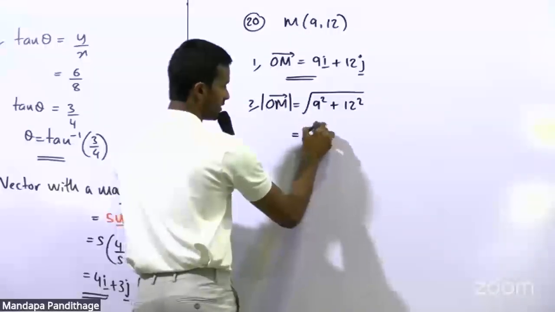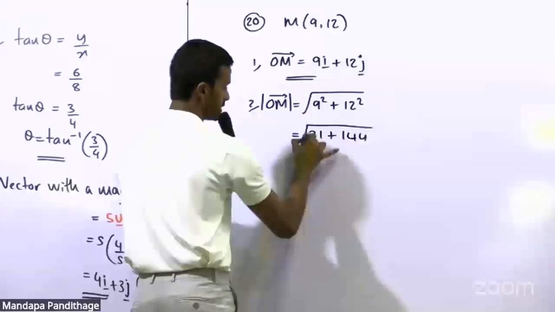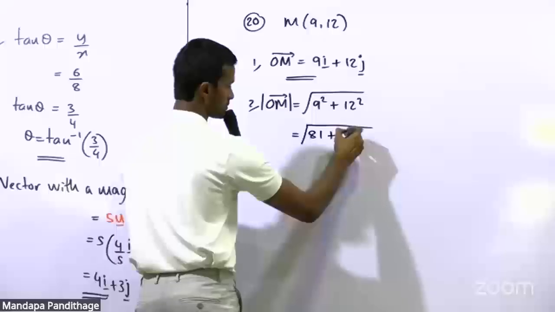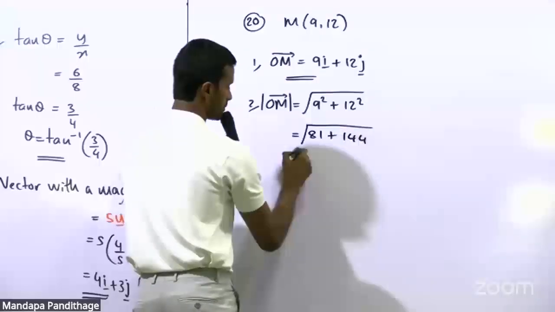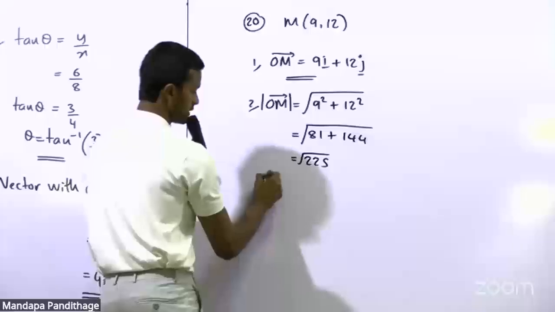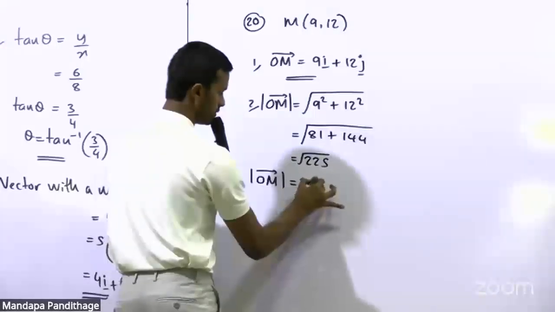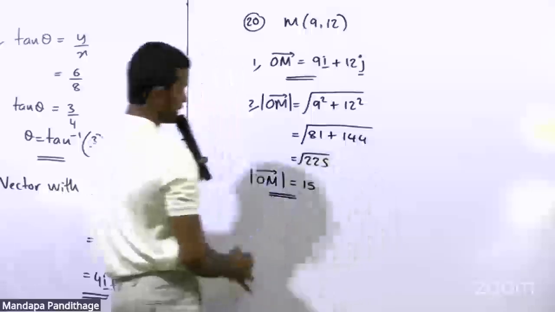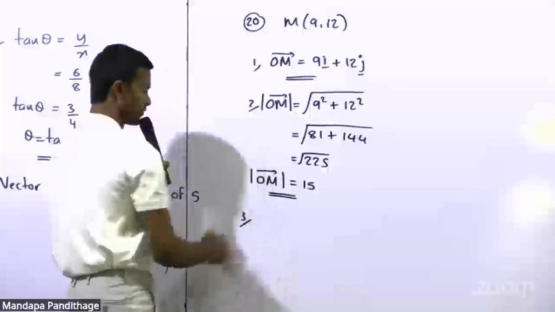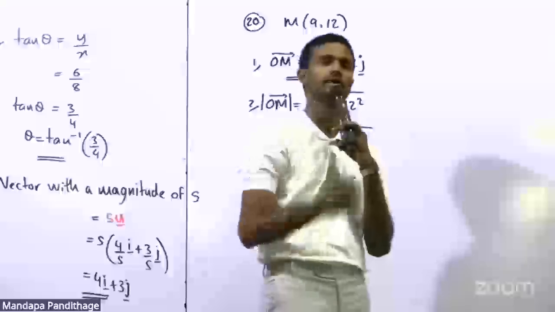You can either write 15 directly or show the simplification. You get the square root of 225. So the magnitude of vector OM is 15. And they are not asking you to find the unit vector. They are directly asking you to find the vector with a magnitude of 10.